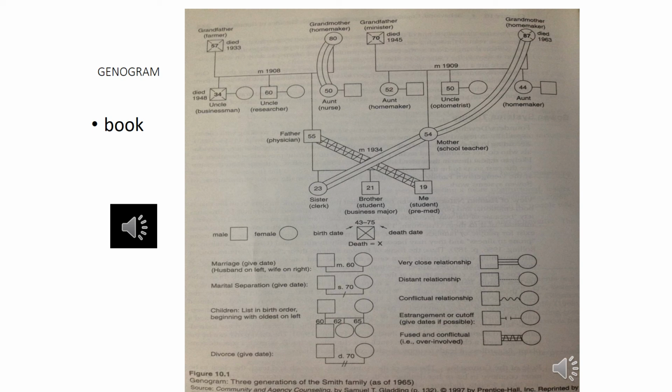If it is a marital separation, that bond is cut by a slash. Children are listed in birth order, and they are again represented by gender, a square or a circle.